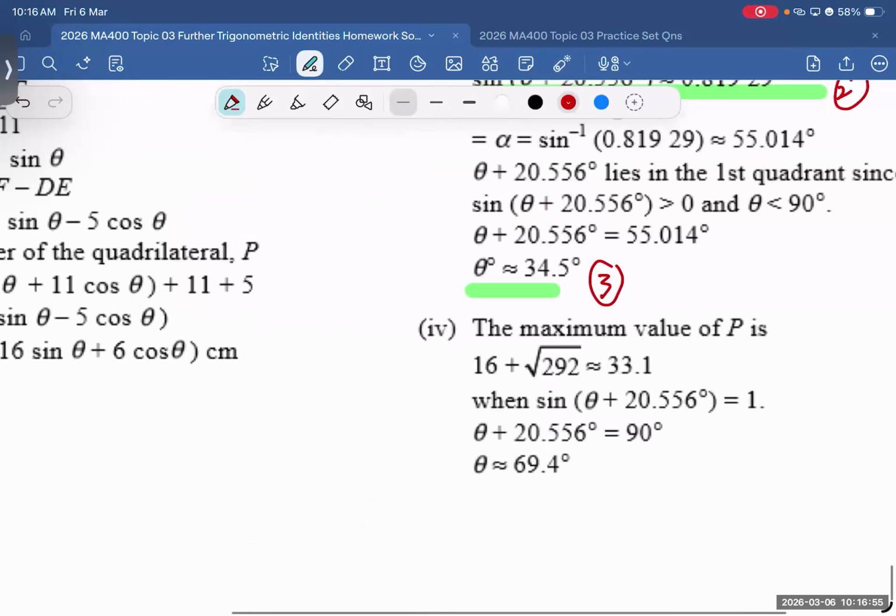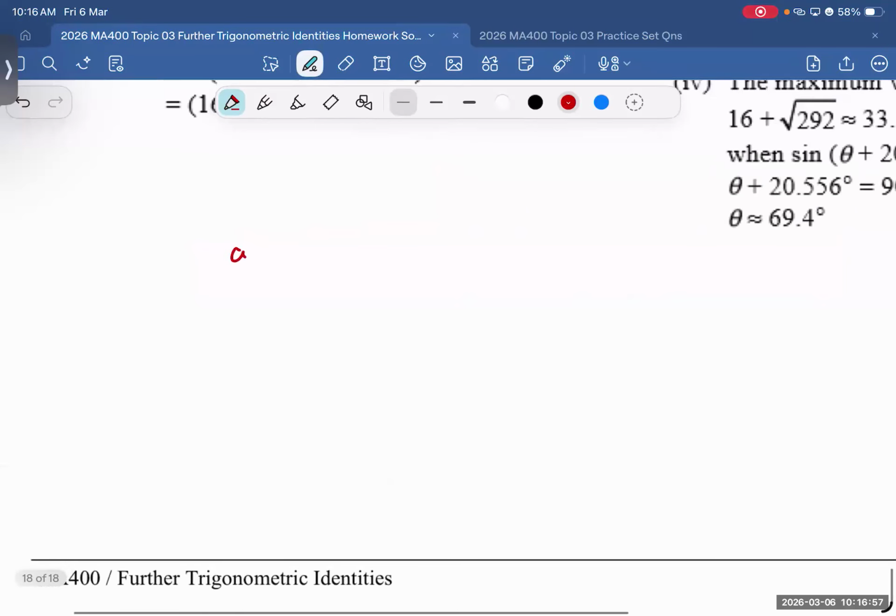You need to work harder. Cosine of theta equals 0. What could theta possibly be? Anyone can tell me? 90. Good. Dora, 1 point. 270. Xing Yu, 1 point.